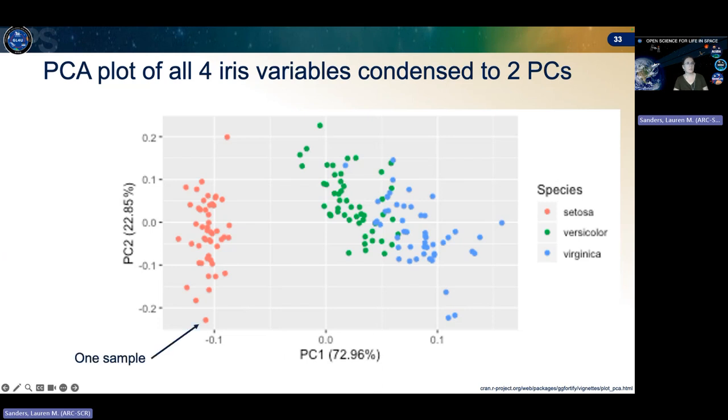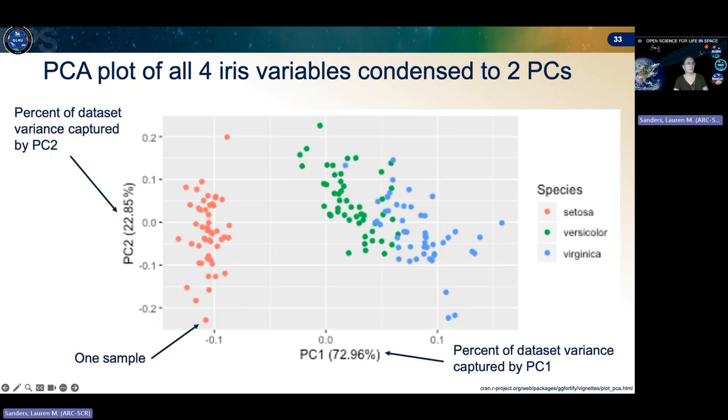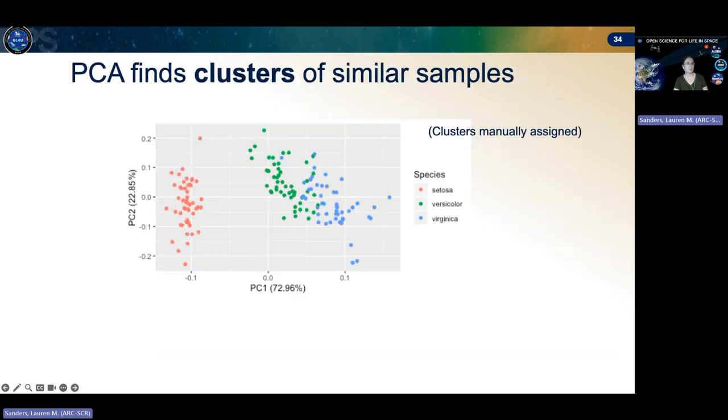And what we can see is each of these dots is one sample, and these are the percent of data set variance that were captured. What we can see is PCA is very useful because once we perform a scatter plot of all the data points using the 2 principal components, PCA automatically finds these clusters of similar samples.